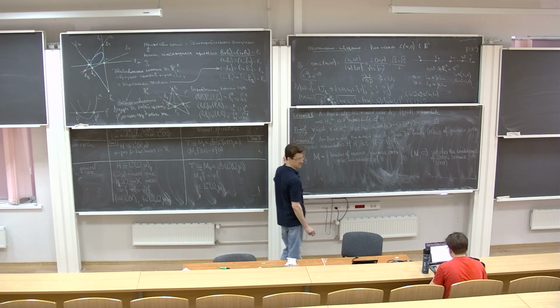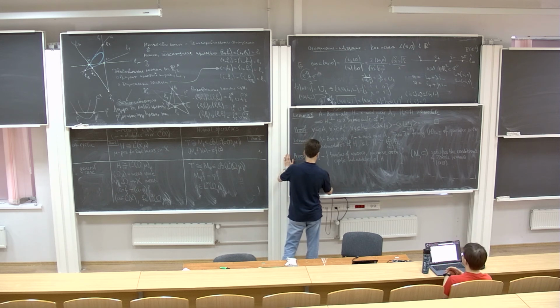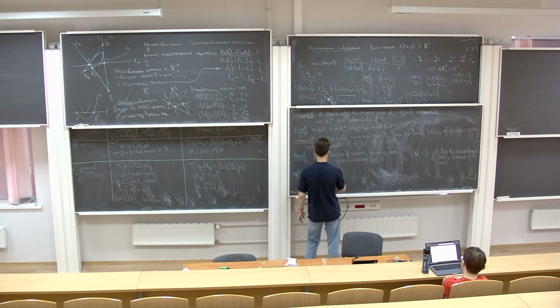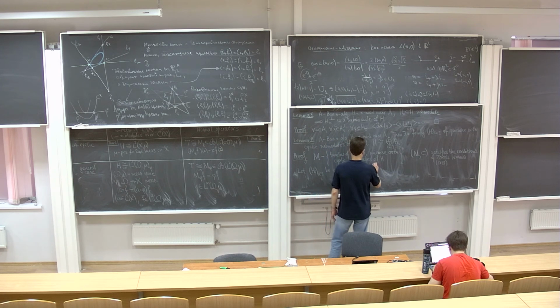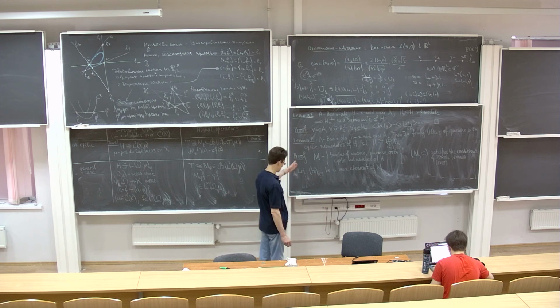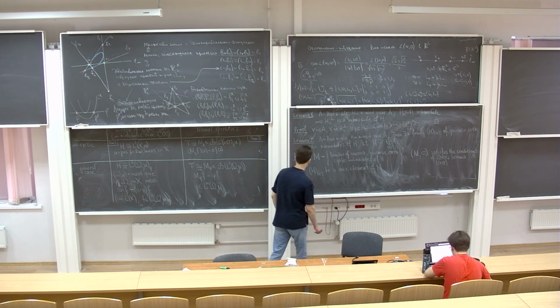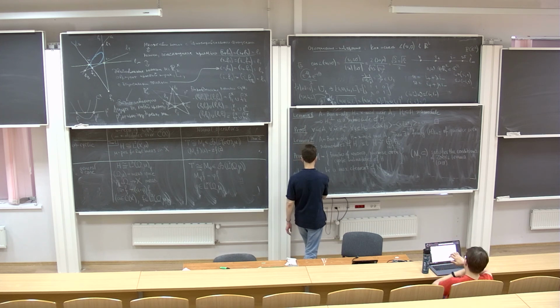Let this family be the family H_i, so let H_i be a maximal element of M. I claim that this is exactly the family we are looking for. To see this, let's denote by L the closure of their algebraic sum.